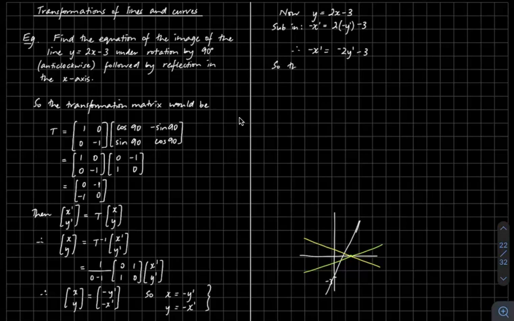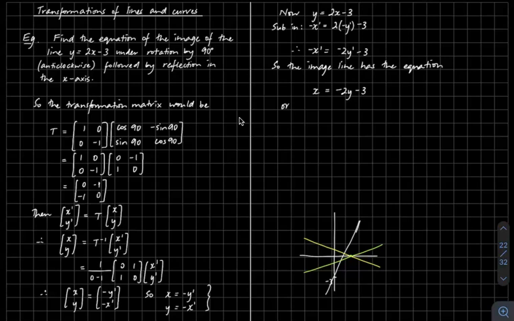So I can say the image line has the equation x equals negative 2y minus 3, and I don't need to worry about the dashes anymore because I'm actually just talking about another equation in the Cartesian plane. The only reason I was using the dashes was to distinguish between the original line and the image line, but now that I'm specifically talking about the image line, I can just use x and y.